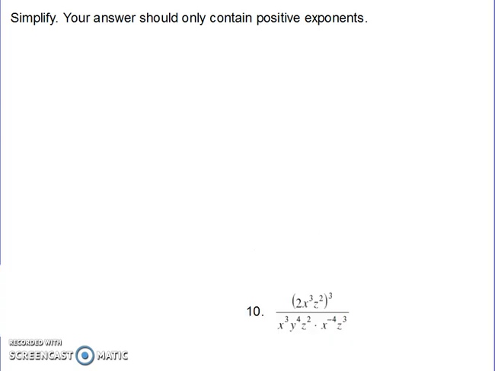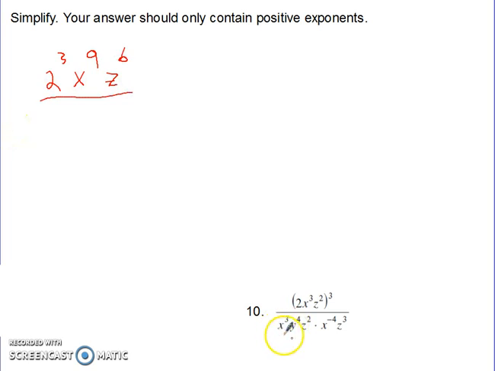Okay, so for our last problem, let's evaluate this power of 3 and multiply exponents. And so I'm going to write up top here: we're going to have a 2 to the 3rd, an x to the 9, multiplying exponent 2, and a z to the 6th. This is all over, I'm going to cut this a little short.